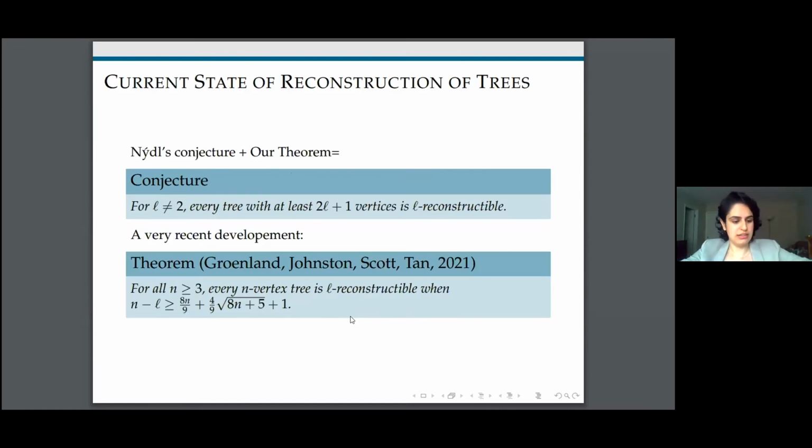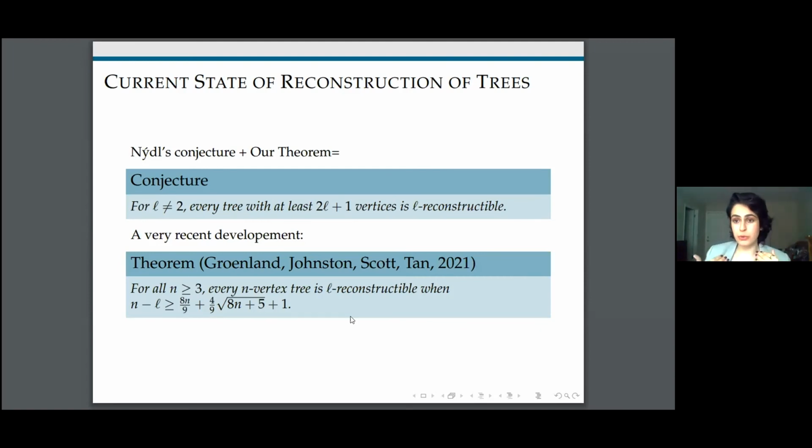So I think I have a little bit more time, so I'm just going to tell you about another result that is very recent. Before I tell you about that, I want to say that Needle's conjecture, which was that he conjectured that trees are weakly L-reconstructible when n is at least 2L plus 1.